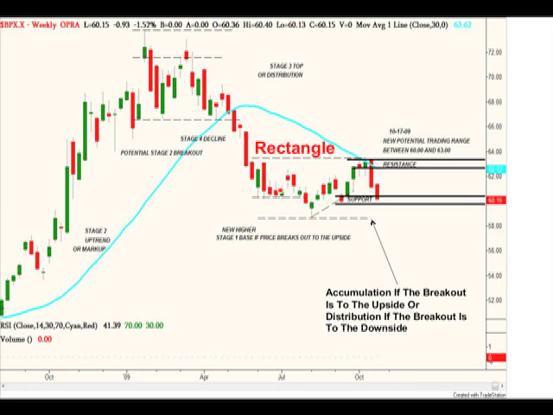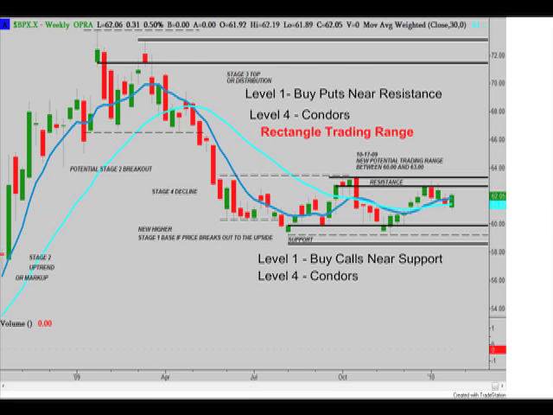Now, sometimes when you see this, you're going to say to yourself, okay, well, prices are just going to keep going lower and lower, but they can always become a sideways channeling type of market if an area of support below current price and an area of resistance above current price forms. And then it'll be an accumulation if the breakout is to the upside, or a distribution if the breakout is to the downside.